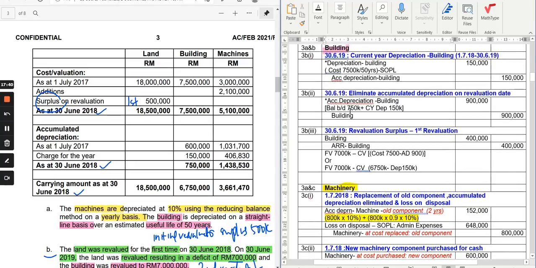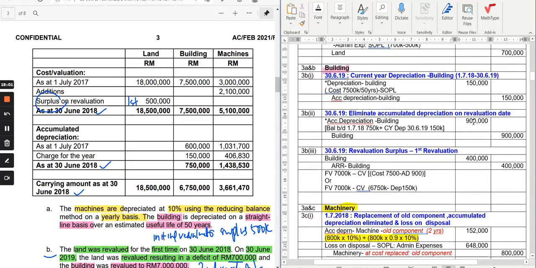So the balance brought down, which is the amount of accumulated depreciation as at beginning of the year, 1st of July 18, and current year depreciation 30th of June 19. So 150, it will be 900,000.